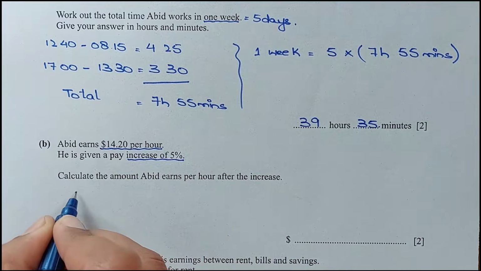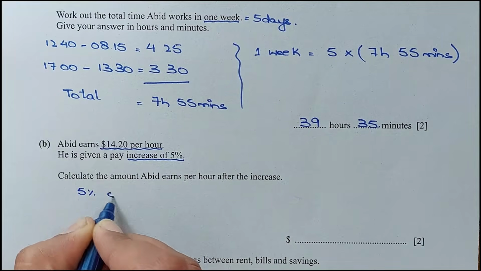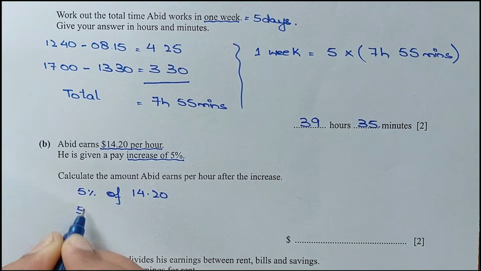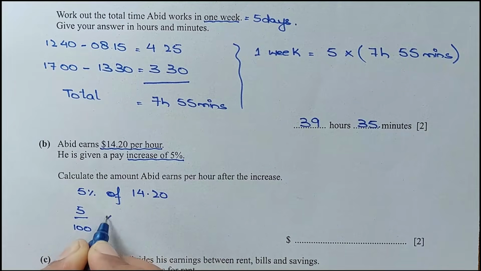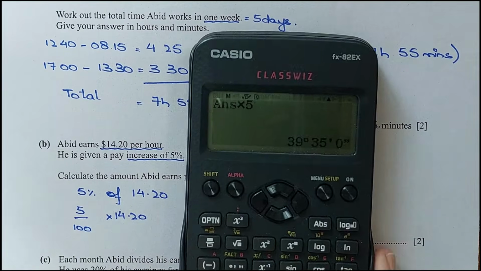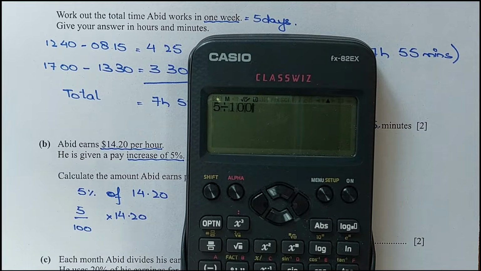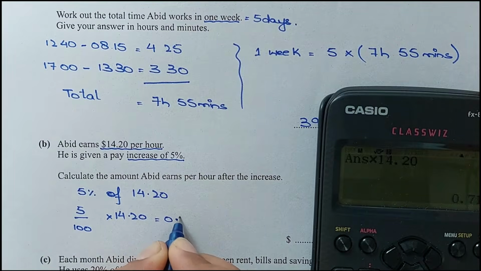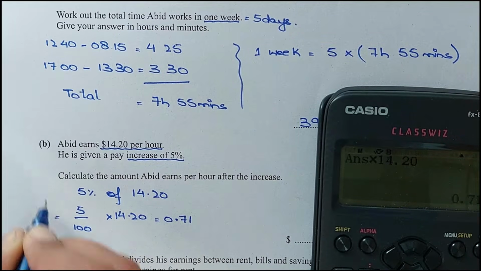So what is 5% of 14.20? 5 over 100 times 14.20. Let me simplify. This is equivalent to 0.71, which means 71 cents.